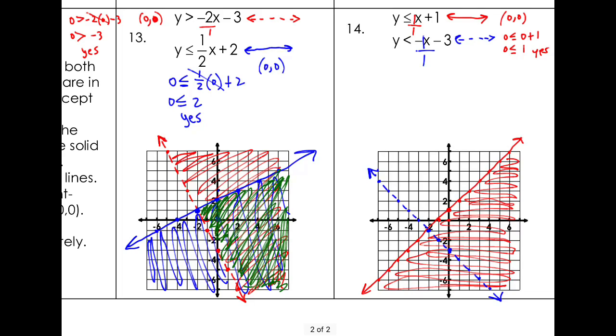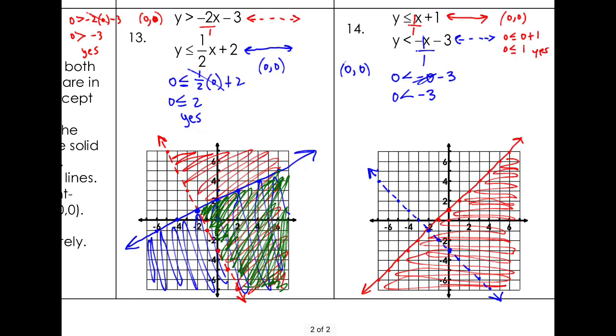So now we figure out which side of the line we're going to shade. So we're going to plug in the same 0, 0. So that's 0 is less than negative 0 minus 3. So that ends up being 0 is less than -3.